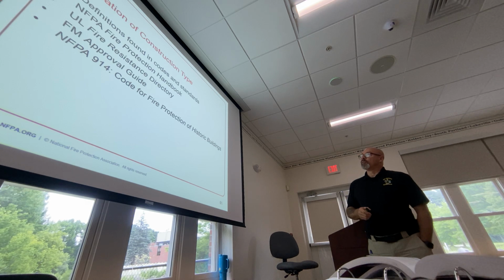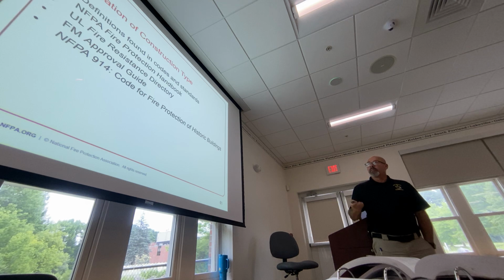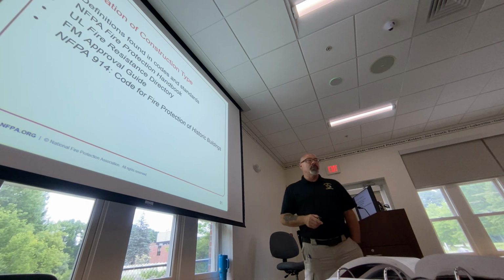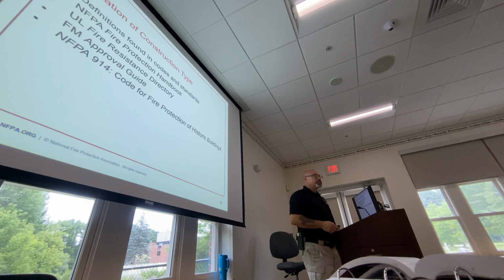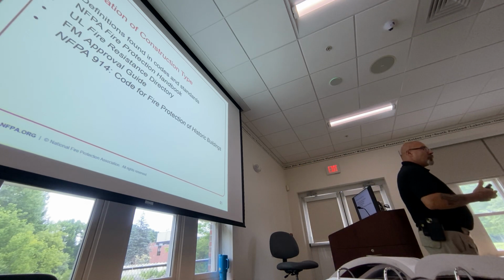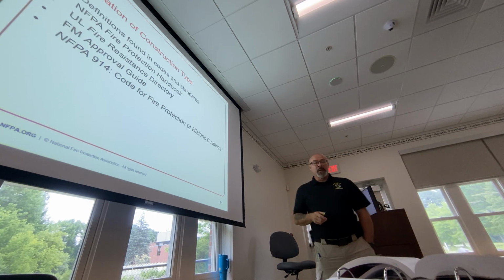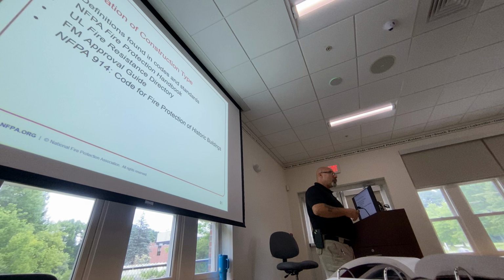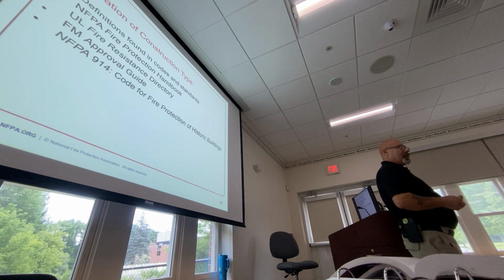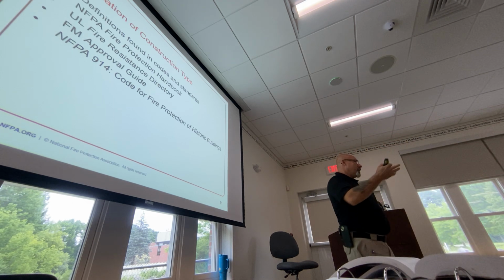NFPA 914, the code for fire protection in historic buildings. That is a very unique and sometimes underused code, and it's specifically for historic buildings. When I was in the industry doing contract work, you'd go to the city of Portland and try to do a project in a historic building, drilling a hole for plumbing, or installing.